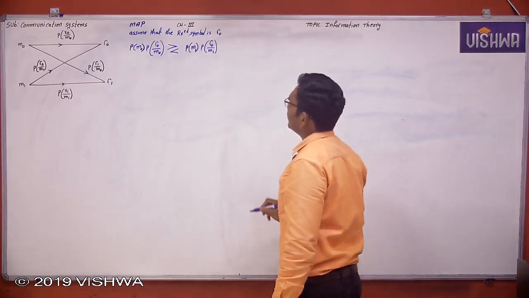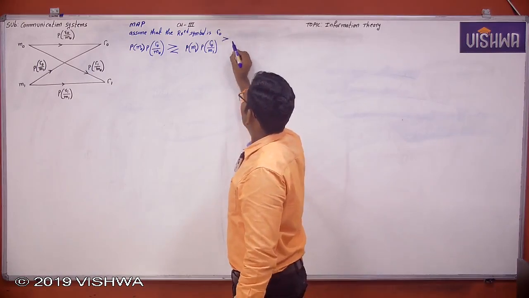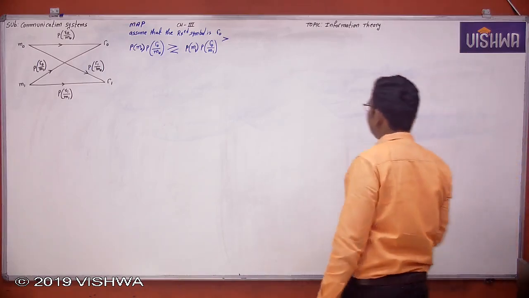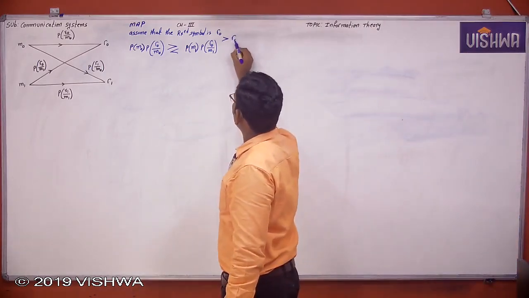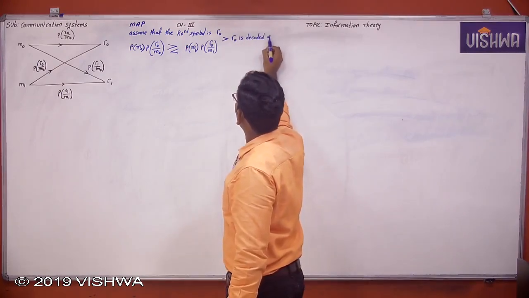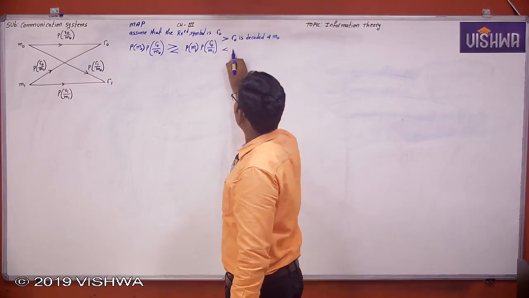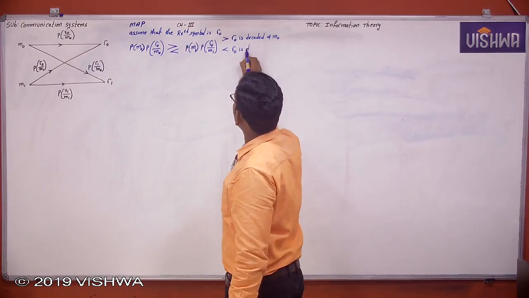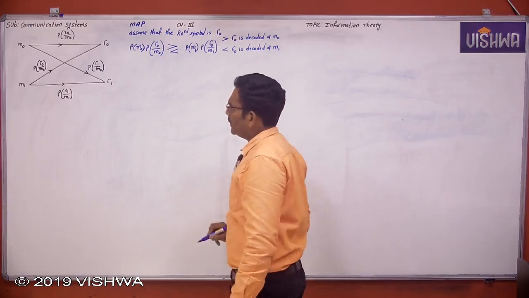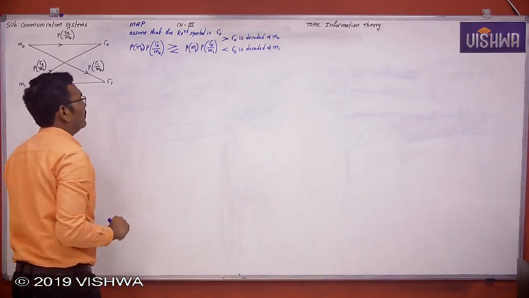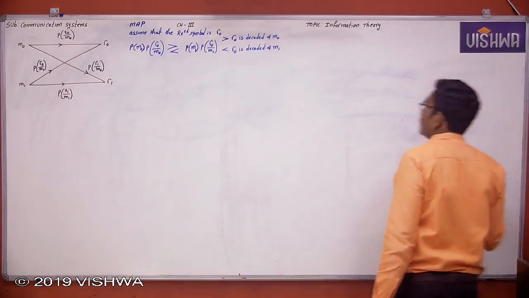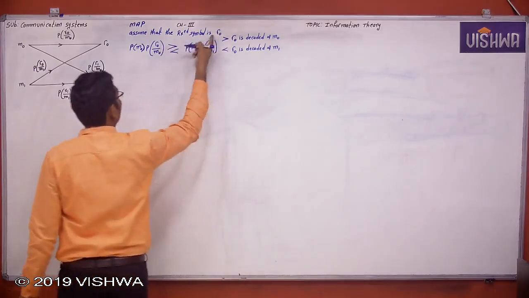If that product is greater than, then R0 is decoded as M0, and if it is less than, this R0 is decoded as M1. Now this is the condition for R0.